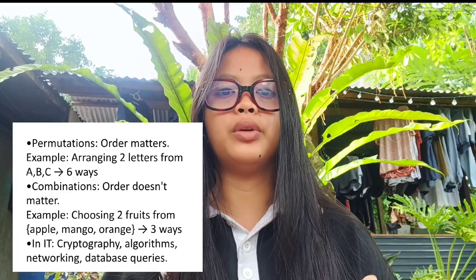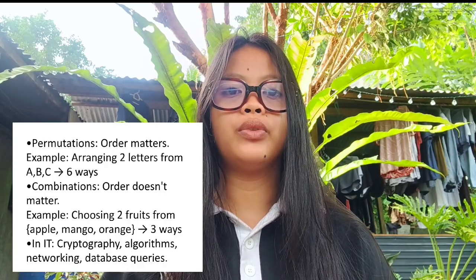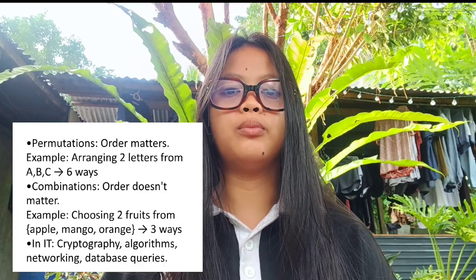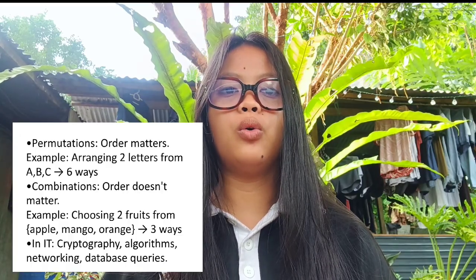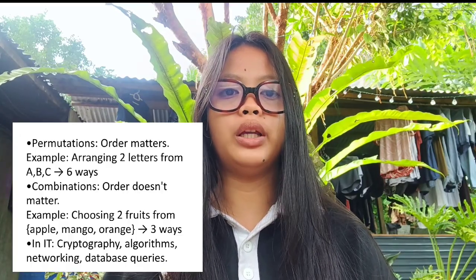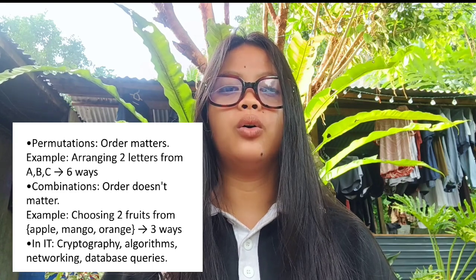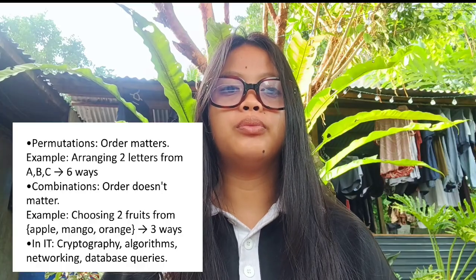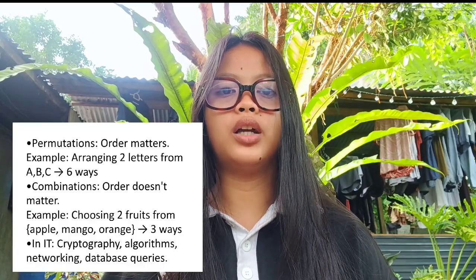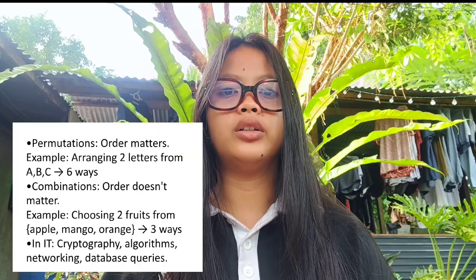The next one is combination, where order doesn't matter. For example, choosing 2 fruits from apple, mango, orange: apple-mango, apple-orange, and mango-orange. In IT, these are used in cryptography, password algorithms, networking, and databases.